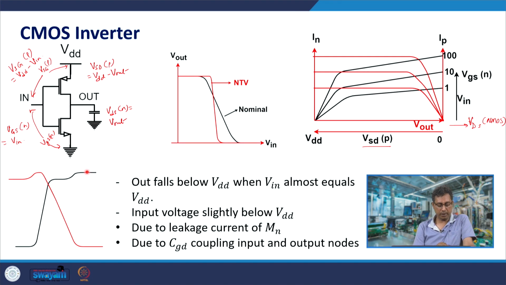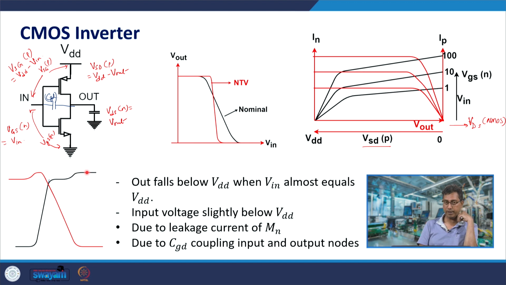That is one reason that the output voltage is slightly smaller than VDD, but there is also another difference: the coupling capacitance, which is CGD of both the devices. When the output voltage is falling, because of the coupling capacitance, you would observe that the input voltage is not rising, and it remains at a relatively lower value, slightly smaller than VDD, or its final value.